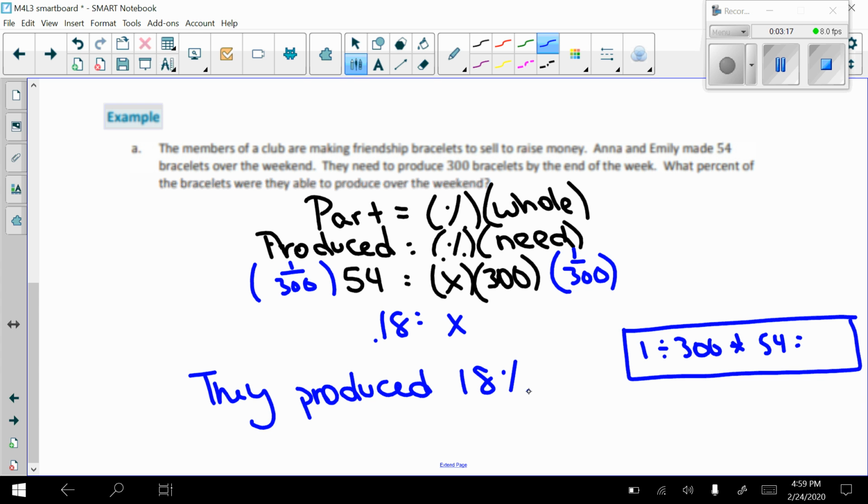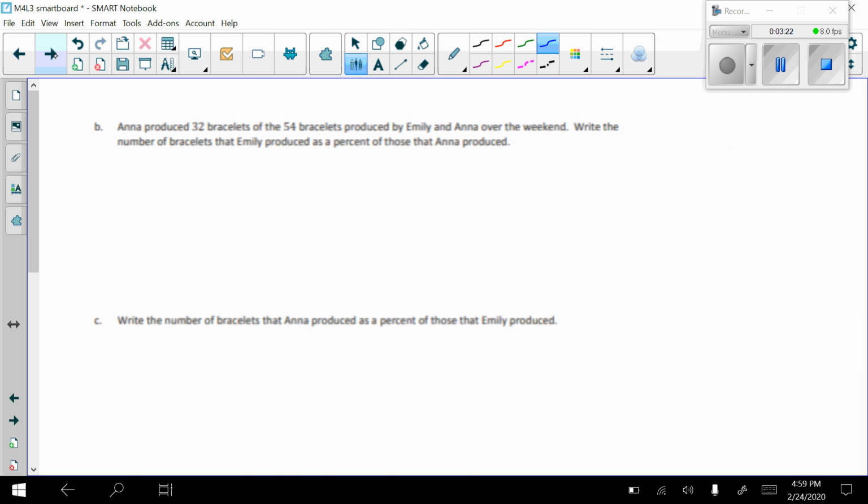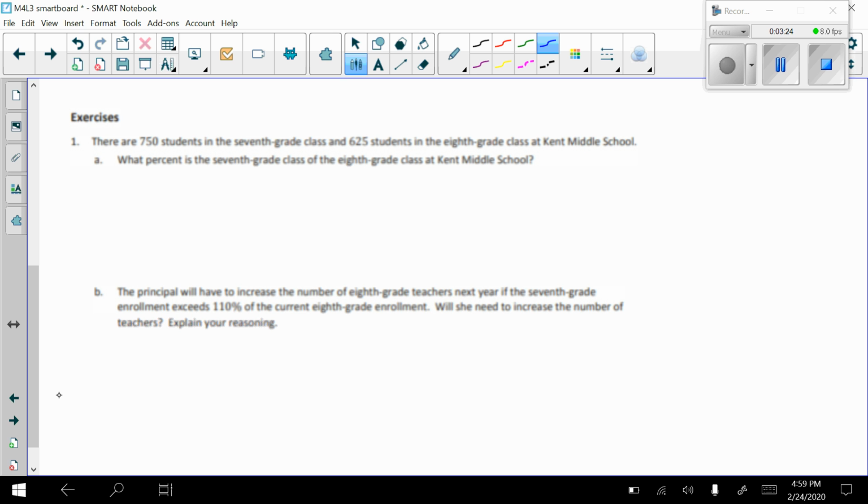Okay, so that was very much like Lesson 2. Now, if we move on to the exercises, we're going to keep in mind what we wrote at the top of our notes. Part equals percent times whole is the same as quantity equals percent times whole is the same as is equals percent of.